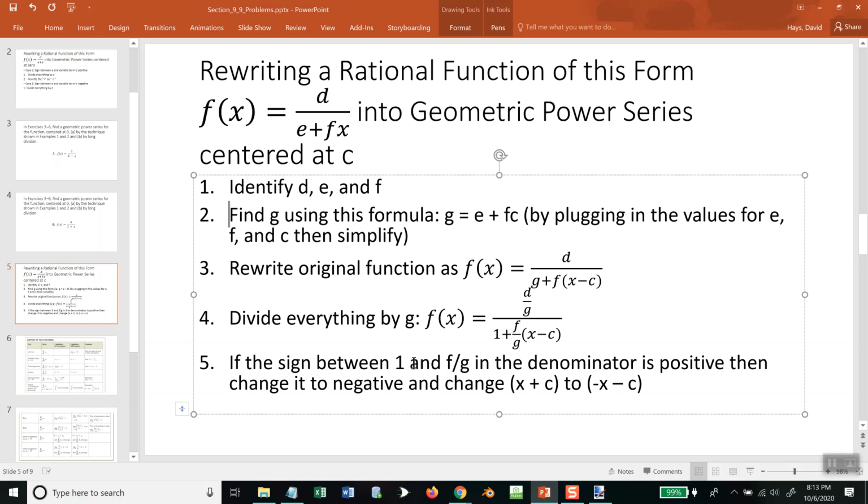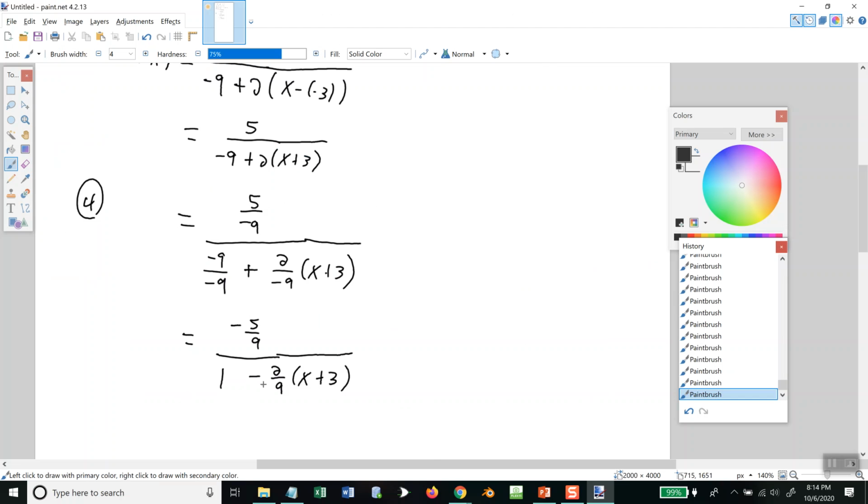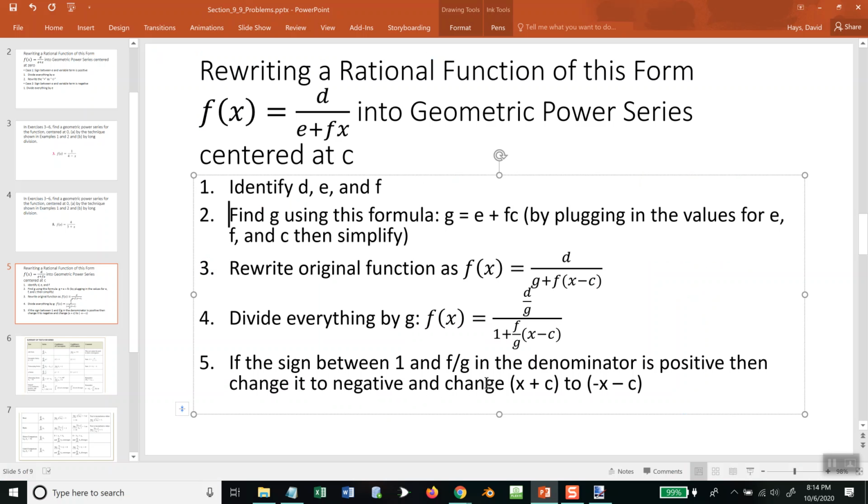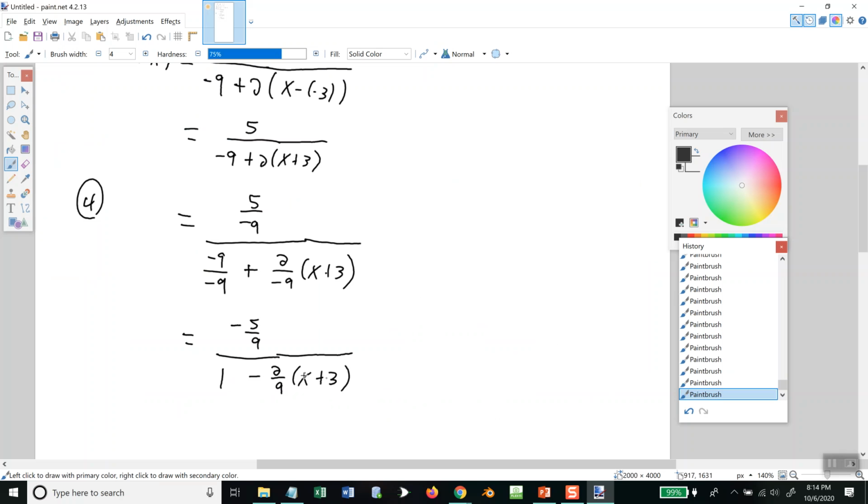I haven't been doing step 5, have I? We haven't had it yet. The sign between 1 and F divided by G in the denominator is positive. It's negative, so we don't have to do that. Basically, you just have to have 1 minus there, because this has to be in the form of A over 1 minus R. So this would be R, and this would be A.